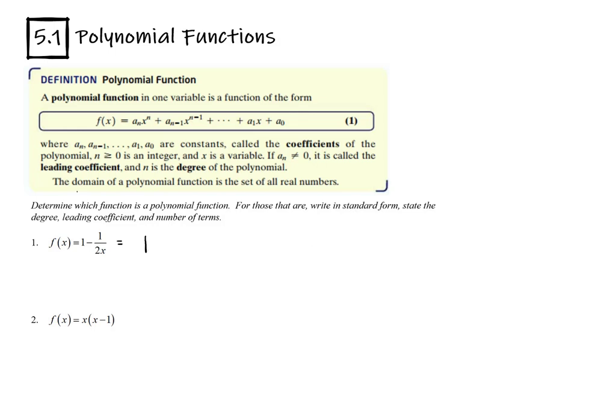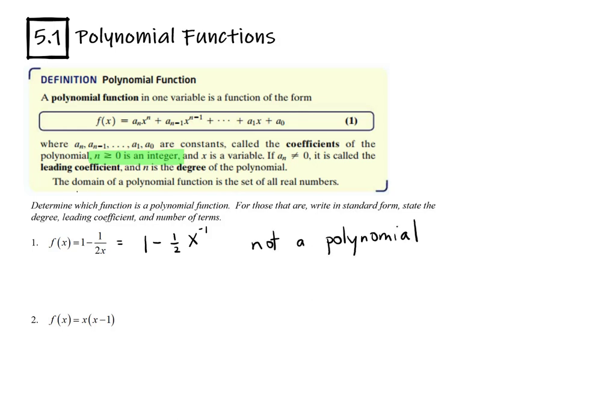I'm going to say 1 minus 1/2 times x to the power of -1. You see, because x was in the denominator, when we move it out of the fraction, it gets a negative exponent. And that negative exponent does not satisfy the fact that our exponent needs to be an integer that's greater than or equal to 0. And so this is not a polynomial.